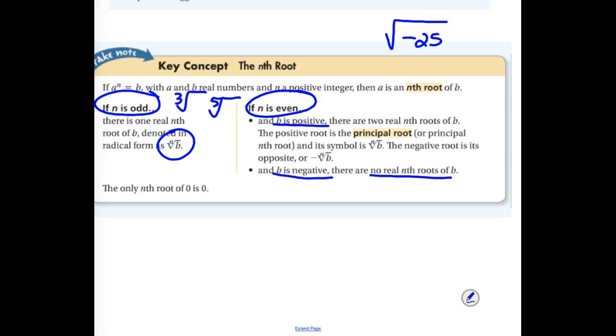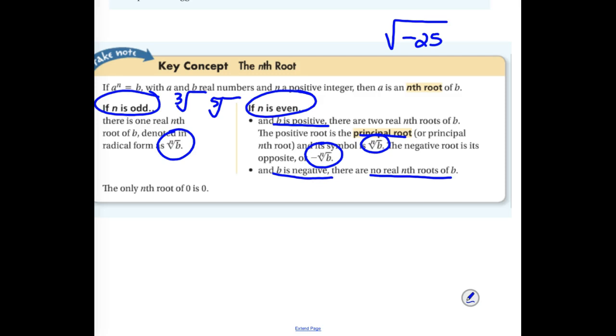Why do we get two? We have that plus and minus. Okay? The positive root is called the principal root. We don't usually put the plus sign in front. All right? When there's no symbol there, it's implying the positive one. The opposite is the other root. We'd have a negative sign in front.